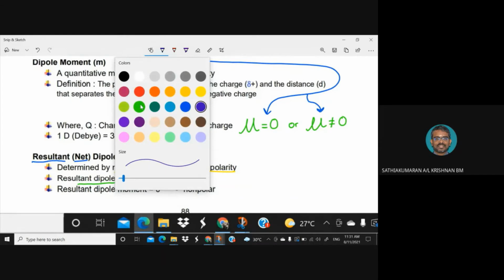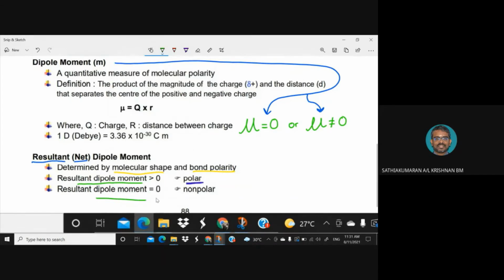If the resultant dipole moment is equal to 0, that molecule is a non-polar molecule. So we are going to apply this to molecular shape. Now we are going to learn how to find the resultant dipole moment in the molecular shape.